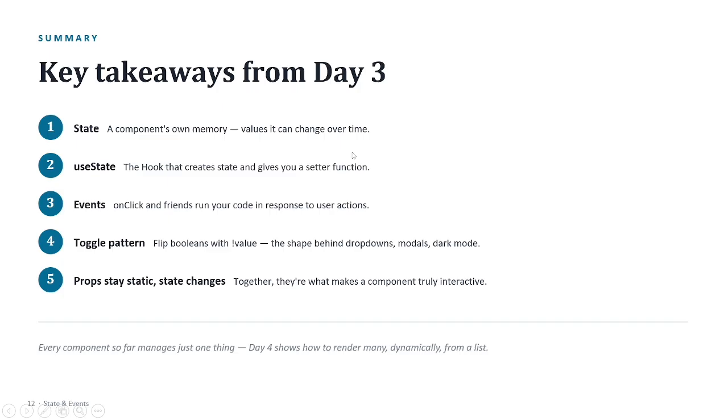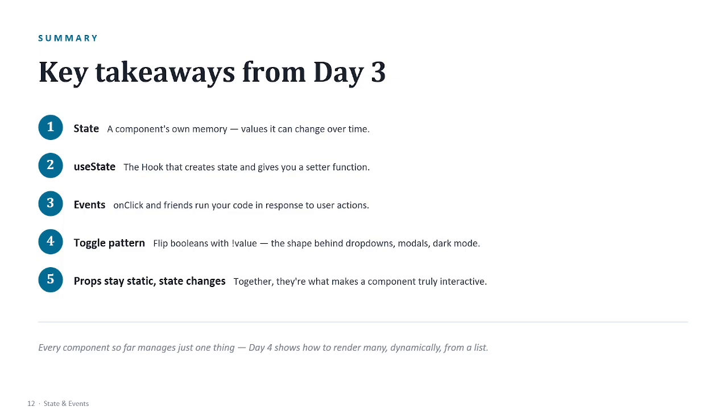So yeah, we made two programs and we learned today about state and how to write programs based on that. Okay, so let's quickly summarize everything we covered today. We talked about state, and state is a component's own memory. We covered the useState hook, how it creates that memory and gives us a way to update it, right? Then we talked about events and how things like onClick respond to what the user does.